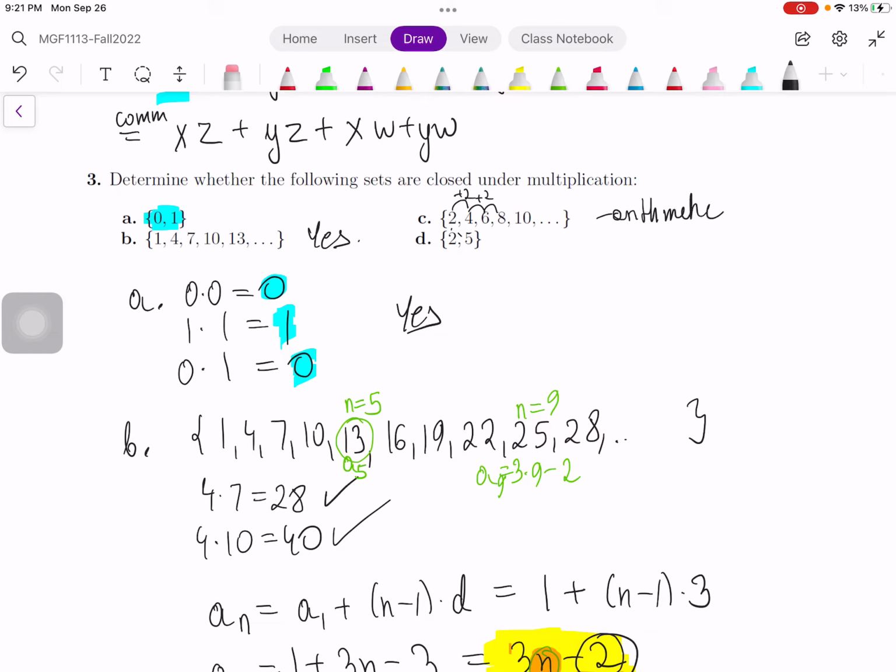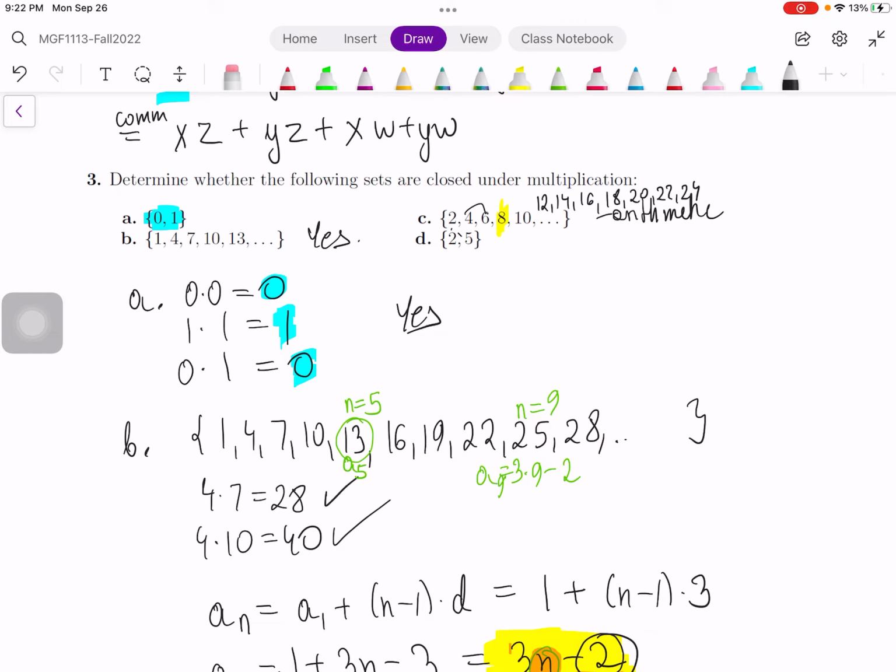If you multiply two terms of the arithmetic sequence, it ends up being a term of the same sequence. I already confirmed that 2 times 4 is 8, which is in the set. But what about 4 times 6 is 24? You won't see it until you keep adding 2 until you arrive at 24, and then you will say yes.